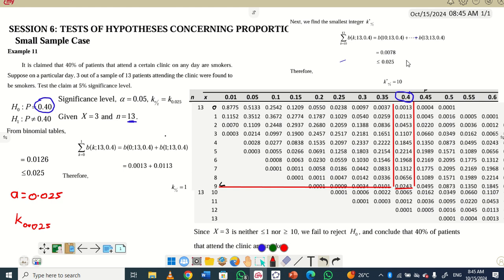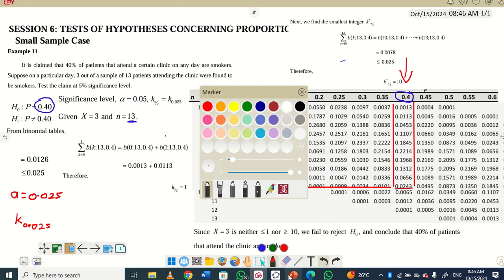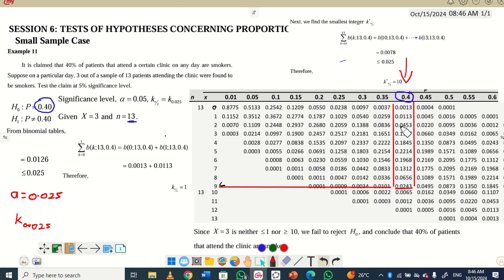Start from the top. We are starting from the top, and look at these values. You can see that we have 0.0013 here. Now when we get to the next point here, we are getting 0.0453.